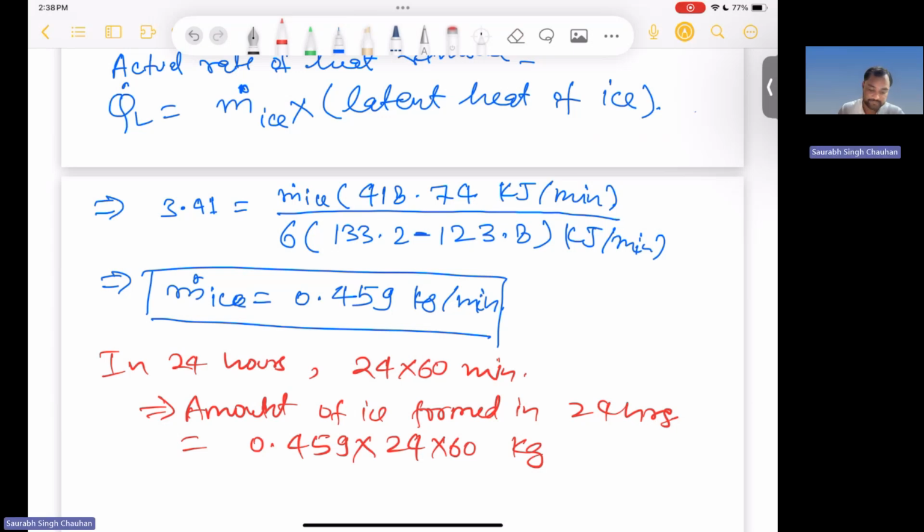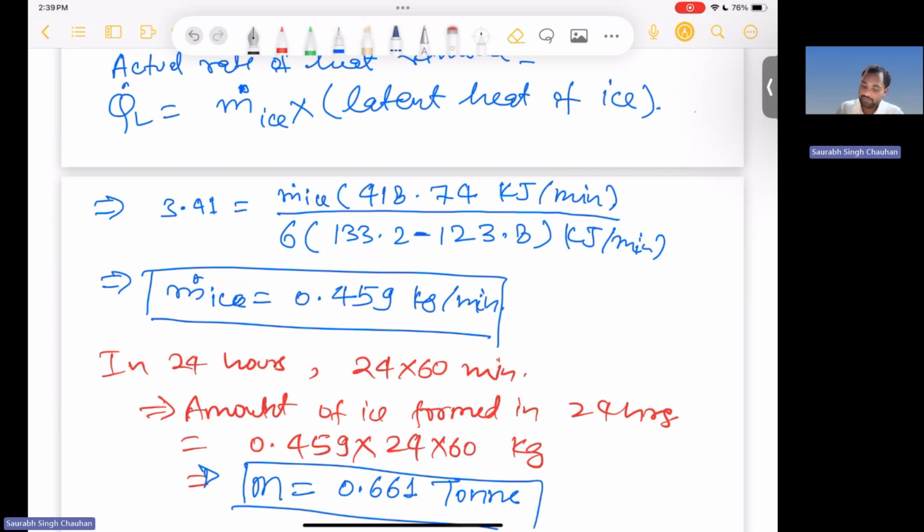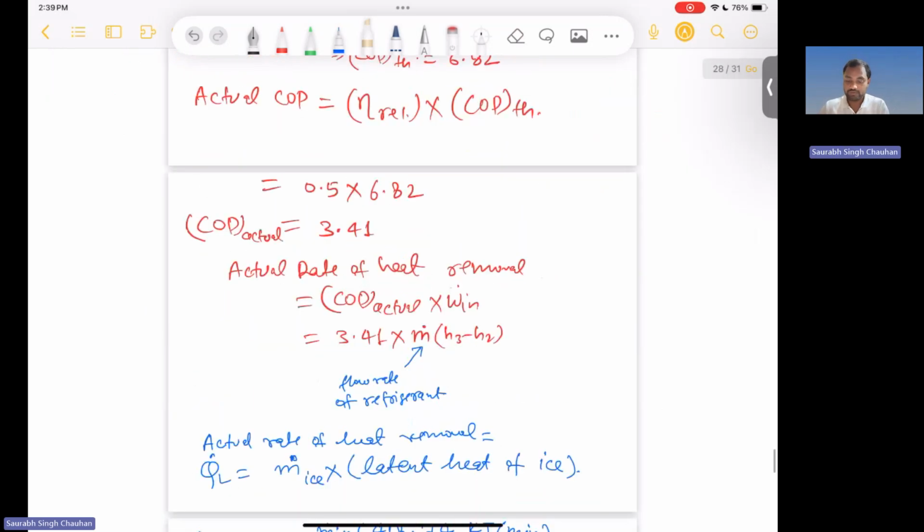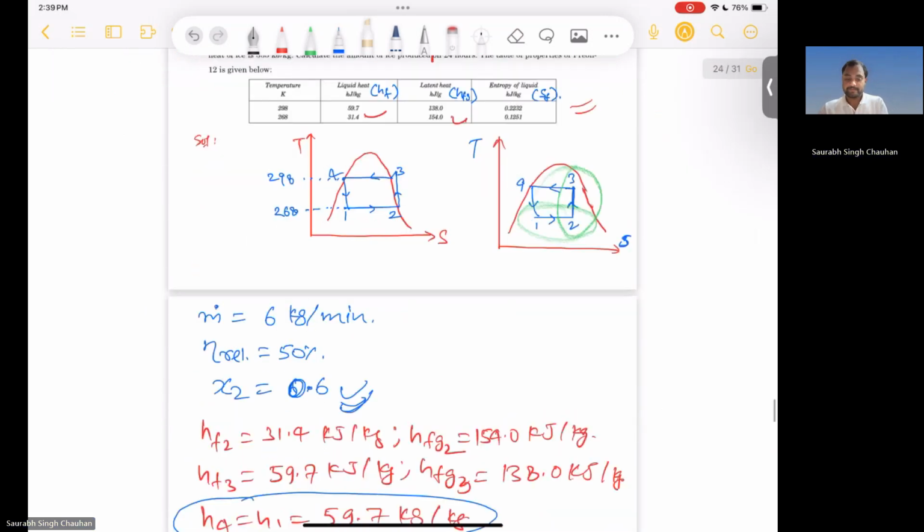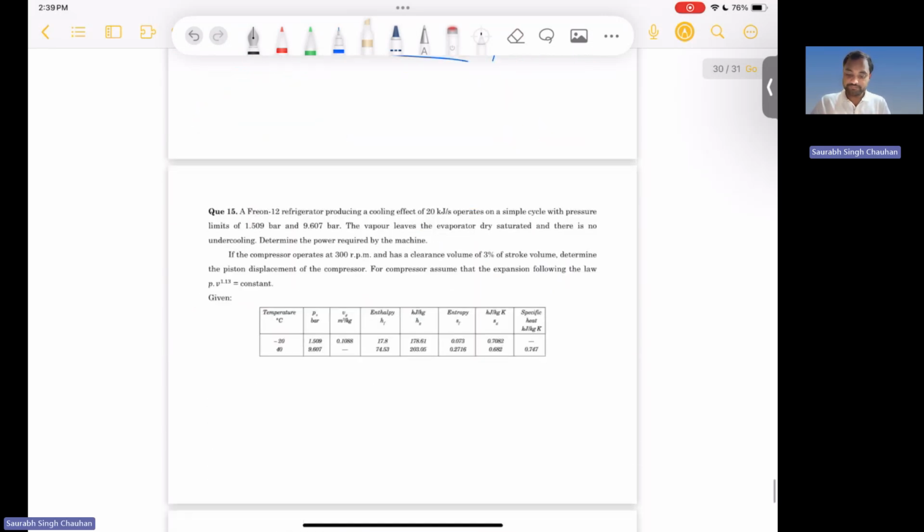And if you convert this value into tons, you should get the amount of ice to be 0.661 ton. So this much ice will be formed in 24 hours by this refrigeration system. I hope this was clear, and now we can move to the next question.